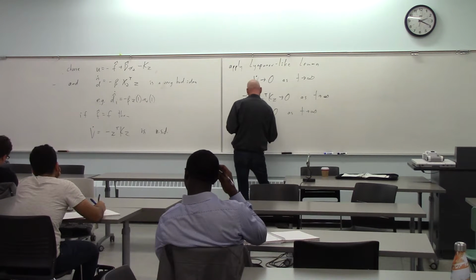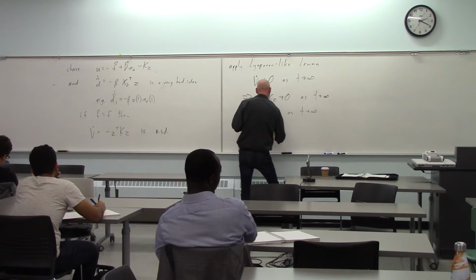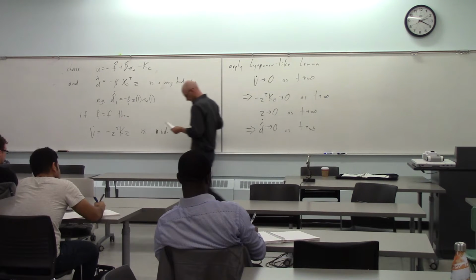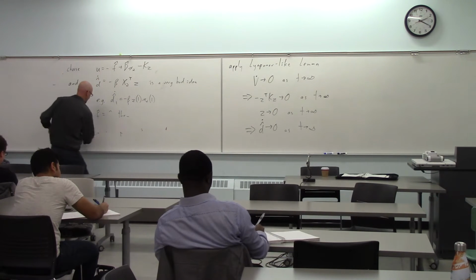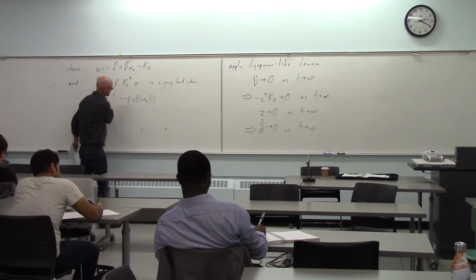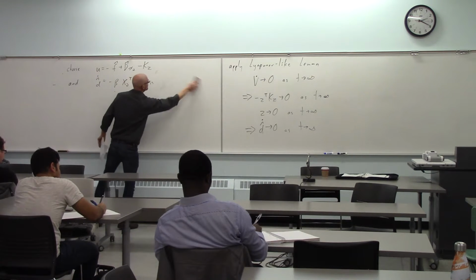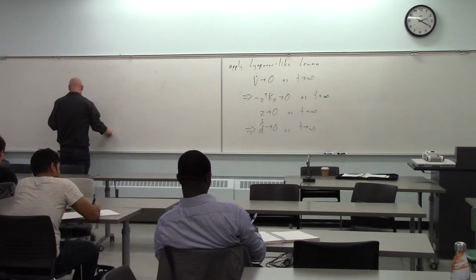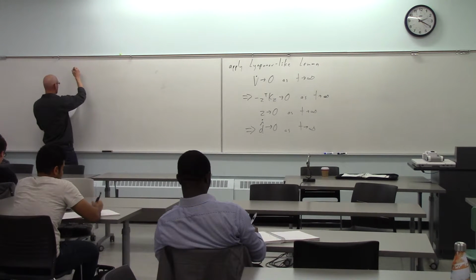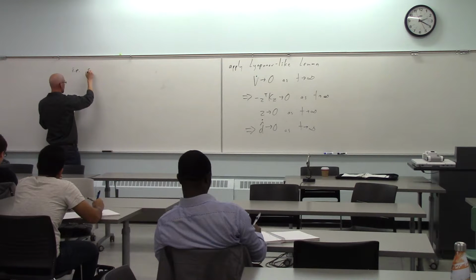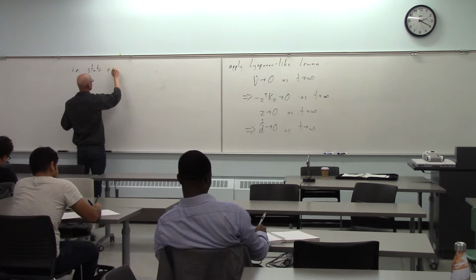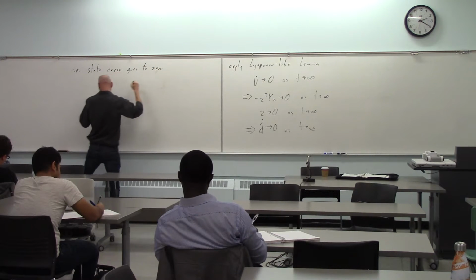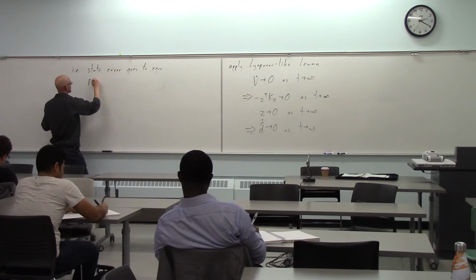So therefore, d hat dot goes to 0 as t goes to infinity. I.e. state error goes to 0, and parameter estimates go to a constant.